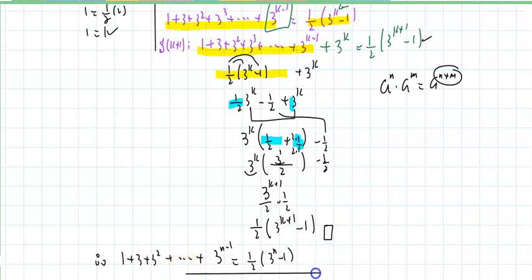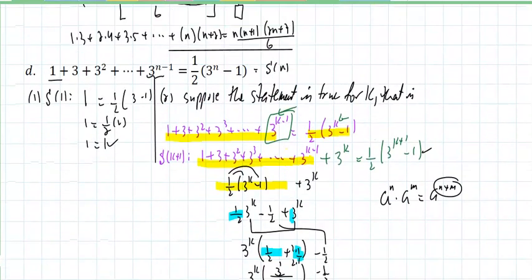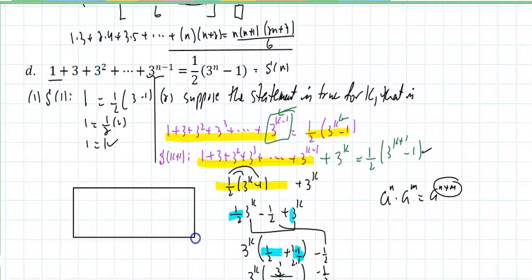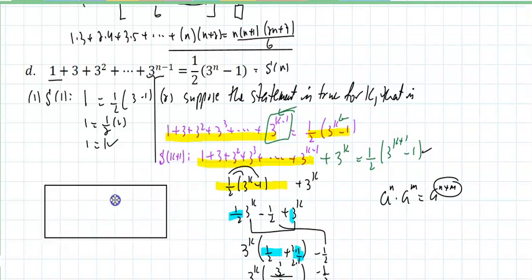Now, in case you were wondering what this means, just to make sure that you see what they're doing. If I take 1 plus 3 plus 3 squared up to 3 to the 10th, how do you get a 10 out of that? Wouldn't that be n equals 11?